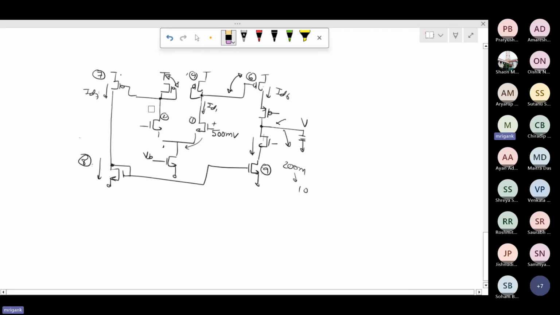Let me clean this a little bit. I should keep one diagram drawn which is clean, so that I can keep using it, because otherwise every time I either have to clean or I have to redraw, which is not good. So I will remove unnecessary things for the time being. So this I will copy and keep, so that I don't need to keep drawing.